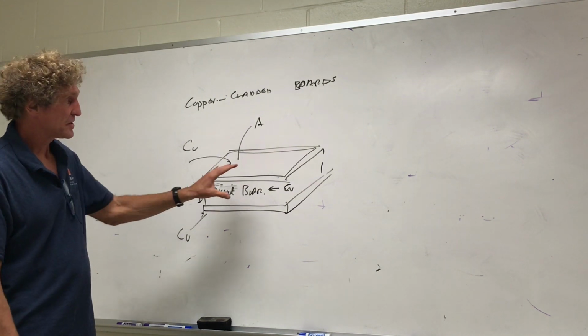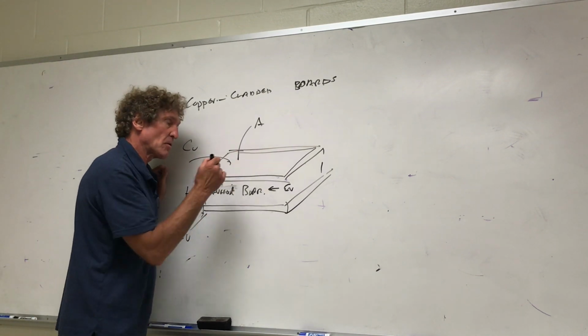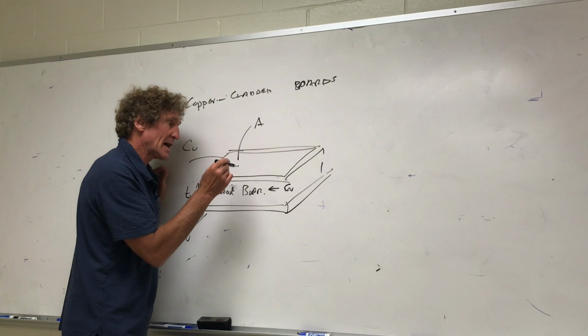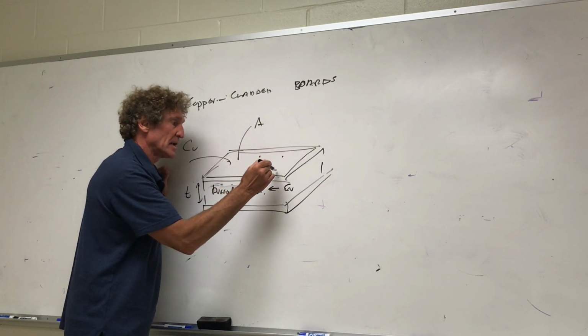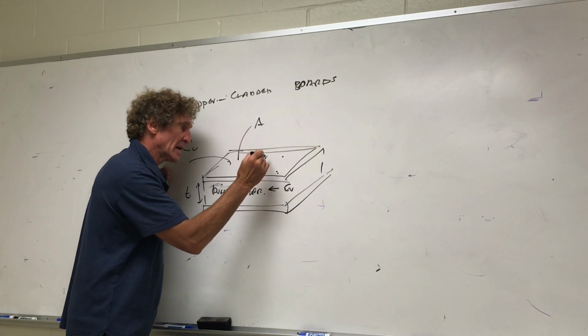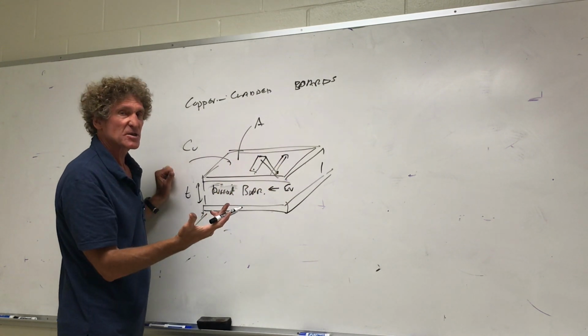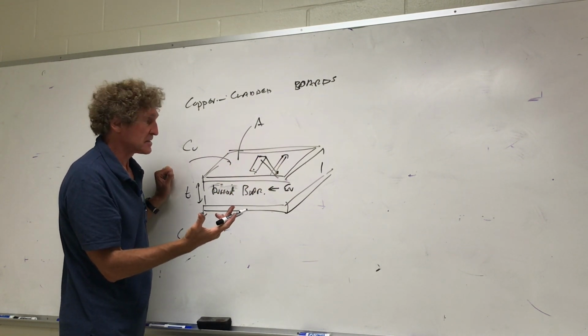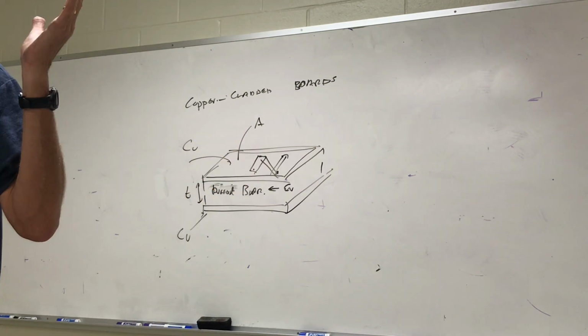Now here's what they do with that. When they mount components on it, they know where they want to mount components, and they want to run lines between here and here, say, and maybe here and here. So what they'll do is mask these areas with a photoresist, or actually just a resist, and then put it in a solution and get rid of all the copper except the connecting lines. That's VLSI technology.